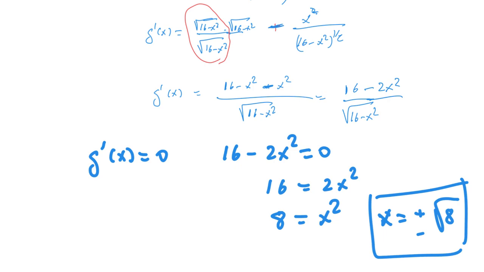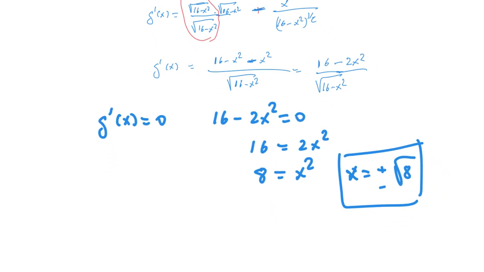No. There are two more critical points. The other two critical points are where the derivative doesn't exist. The derivative doesn't exist when x is 4. When x is 4, 4 squared will be 16. 16 minus 16 is 0. Division by 0 is not allowed.